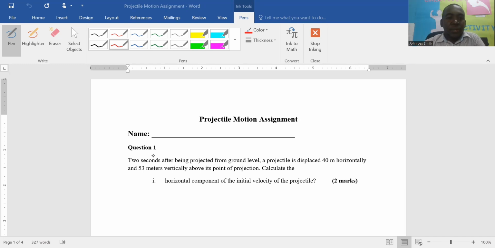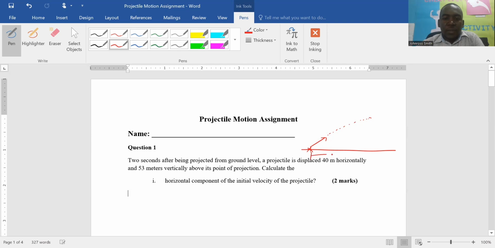So here we go with the first question that says, 2 seconds after being projected from the ground, a projectile is displaced 40 meters horizontally and 54 meters vertically above its point of projection. Based on this, let's do a little sketch. If we have the ground here and something is projected at an angle upwards, we're going to give it a time.